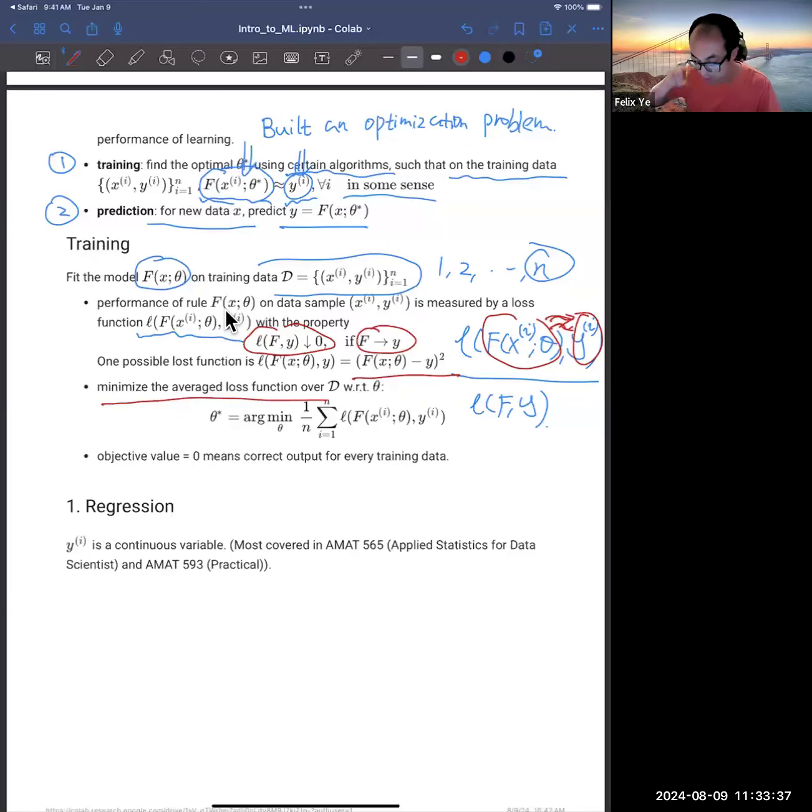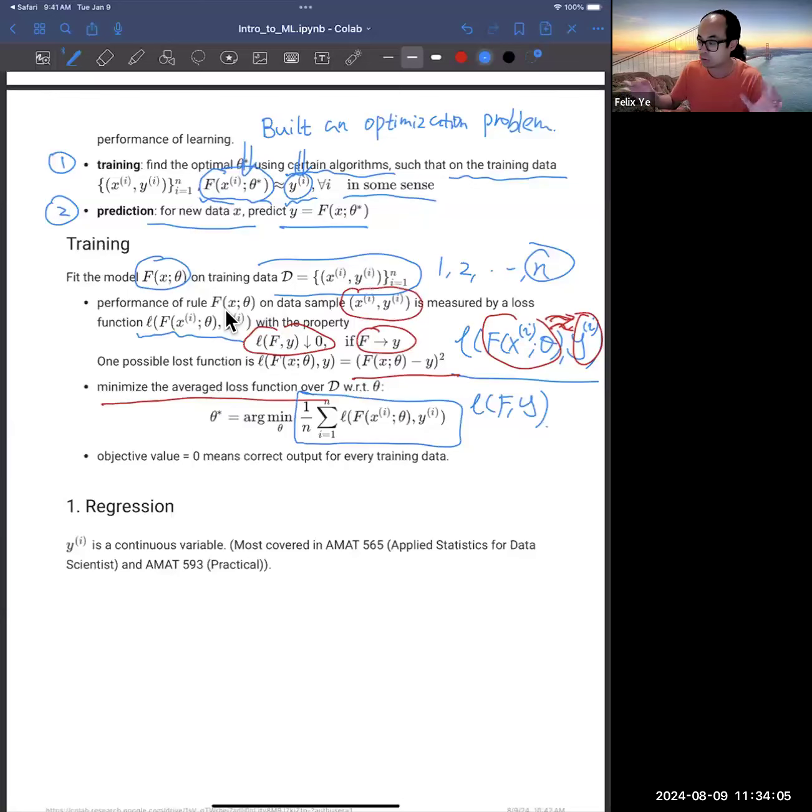Then we need to minimize, but I want to emphasize this is just for one data point, xi and yi. But we have x1, y1 to xn, yn. We have n of that. So that means we're going to sum this loss together, take the average, and then this will be my total loss. So this is the average loss over my whole data set.